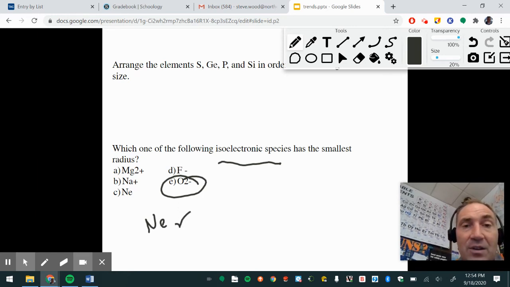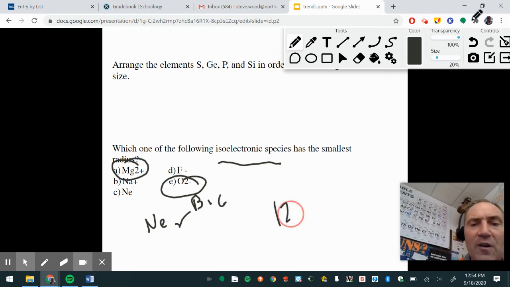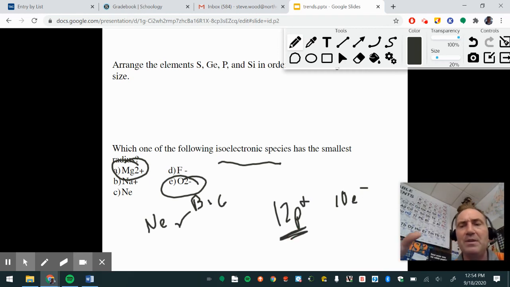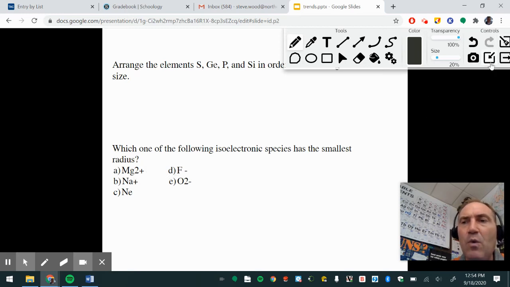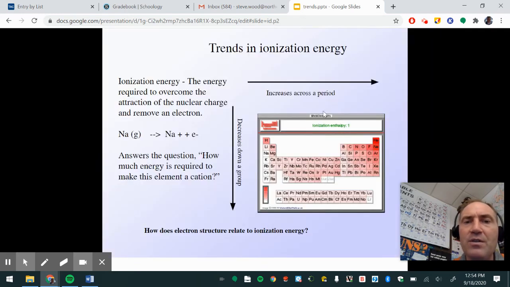So if that's the case, look, those eight positive protons can barely hold in those 10 electrons. So this one's big. And then look at this one. This one has 12 positive protons to the 10 negative electrons. So this has got way more nuclear charge. So what happens is that one's the smallest. Remember, cations are smaller than their parents. Anions are larger than the parents. So look for the most positive ions when you're trying to explain these. Wow, this is so good.